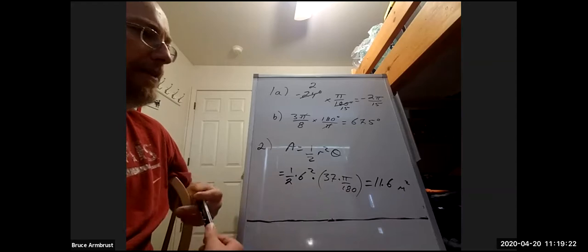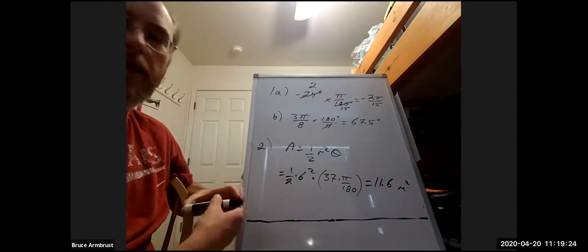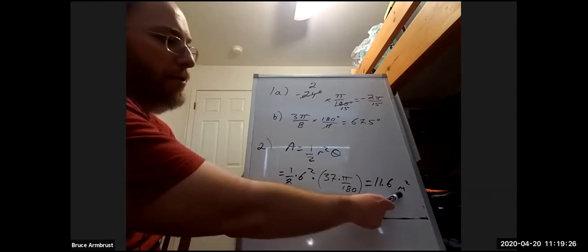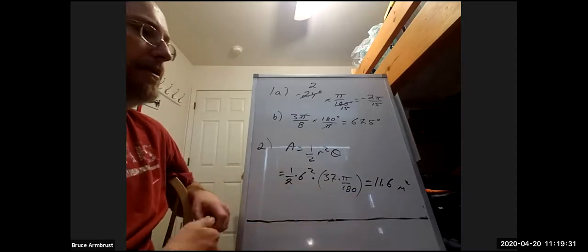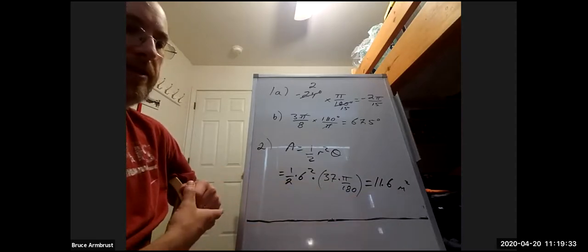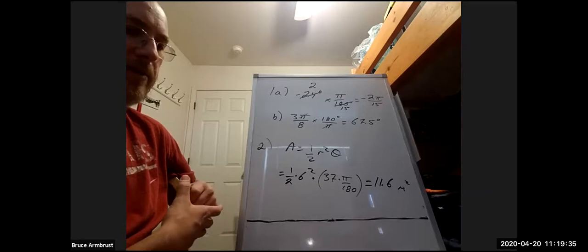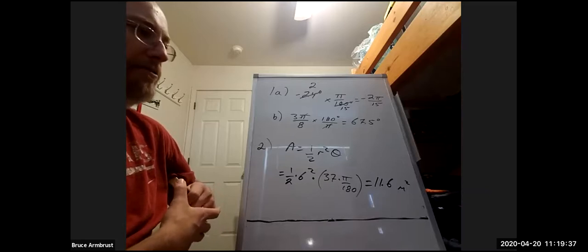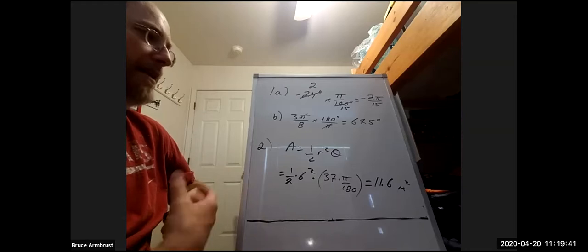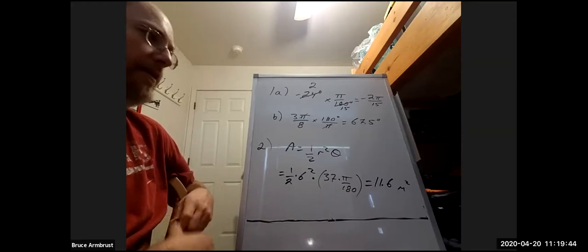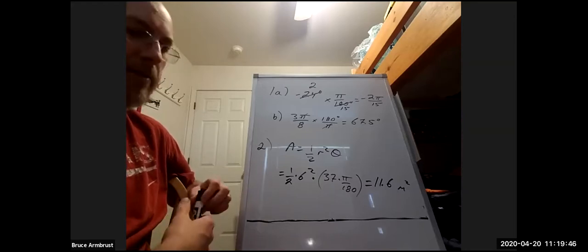The other thing, and this is the science side of me, is to put units on these things. Because if you just tell me the area is 11.6, that doesn't really tell me how big it is, because there's a huge difference between 11.6 square meters and say 11.6 square feet, square miles, square kilometers.